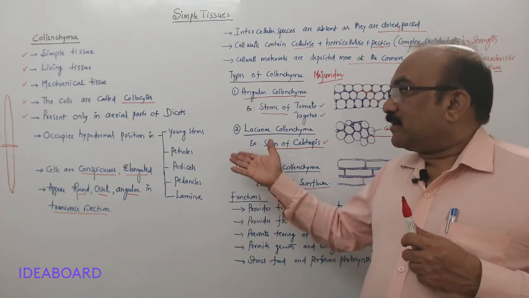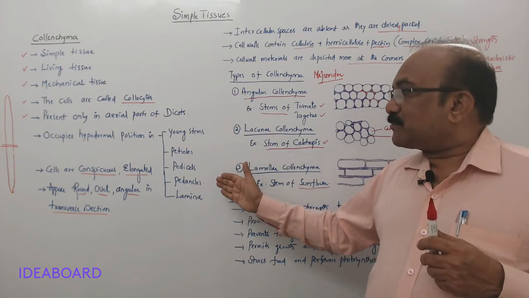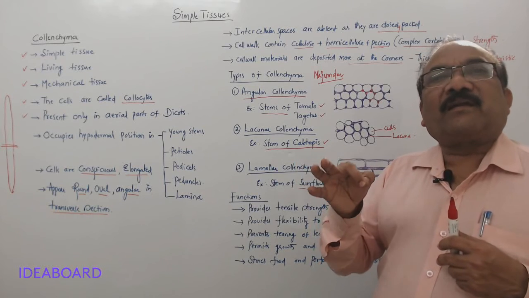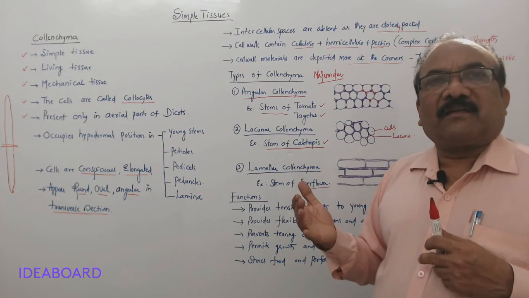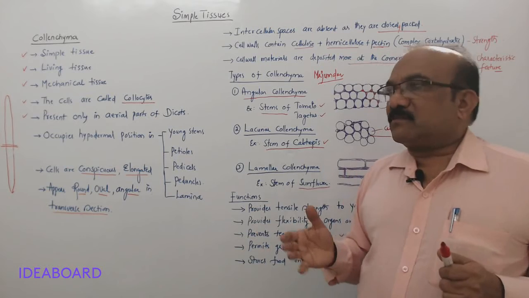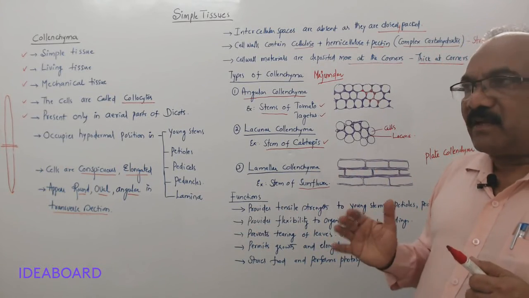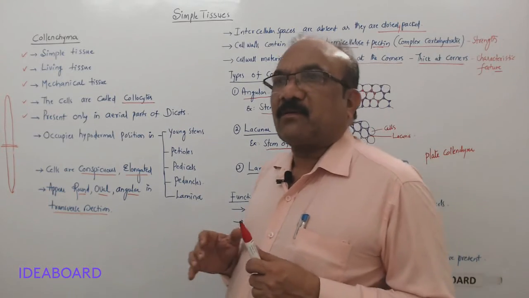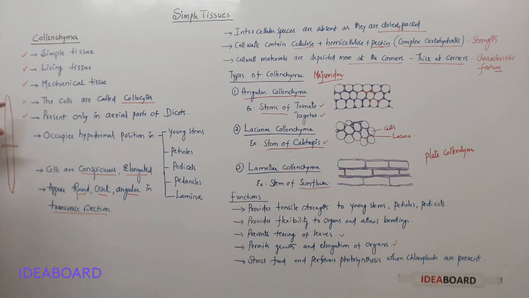But still, how do these young stems, petioles, pedicels, peduncles appear green in color? This is due to the presence of collenchymatous hypodermis, which contains the chloroplasts. What is the function of chloroplasts? Photosynthesis. So the collenchyma can perform even photosynthesis when chloroplasts are present. So that is about the collenchyma, and remember the important points that are there on this board.